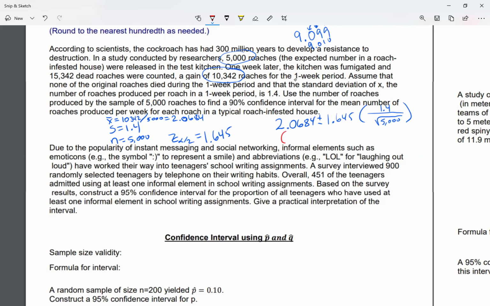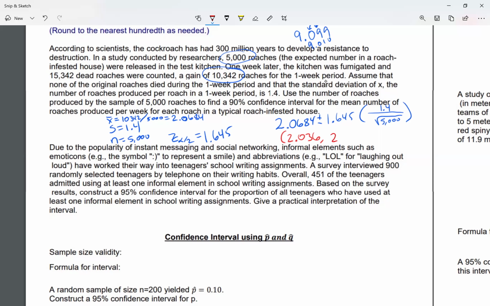So I'm going to say my lowest value is 2.036. Good. Now for my bigger value in my interval, I'm going to go 2.0684 plus 1.645 times 1.4 divided by the square root of 5,000. I'm going to round my answer to 3 decimal places, and I'm going to get 2.101.